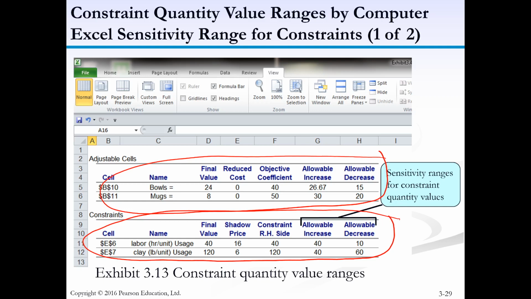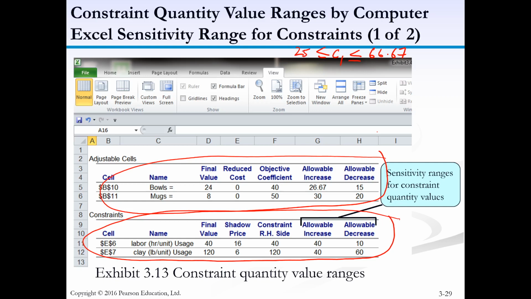The first one is telling us that the allowable increase is 40 plus 26.67. So if I may write it, for C1 the upper limit is 40 plus 26.67, which is 66.67, and the lower range is 40 minus 15 allowable decrease, which is equal to 25.